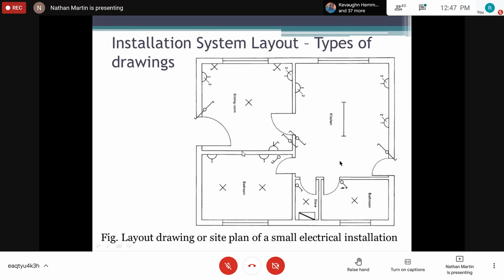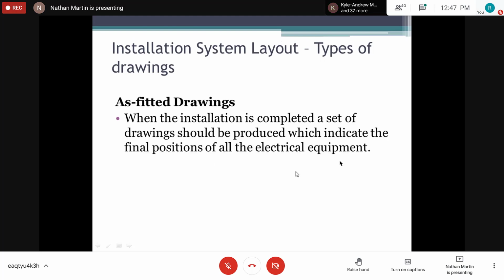I had to turn it this way. So you might make a marking on the site plan and resubmit it to the architect and he makes his changes, right? So it actually indicates the final position of all electrical equipment.